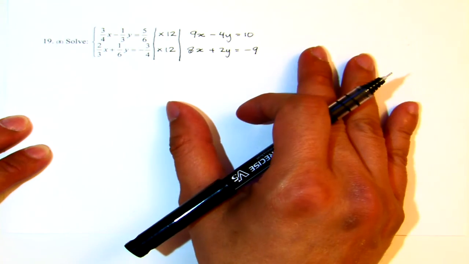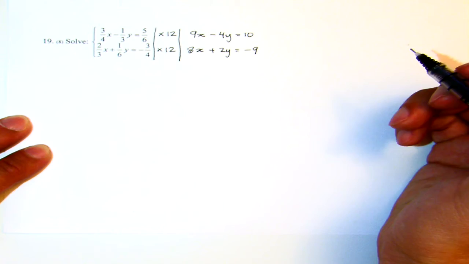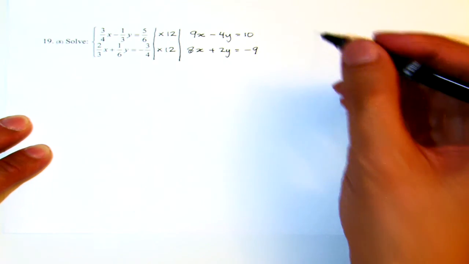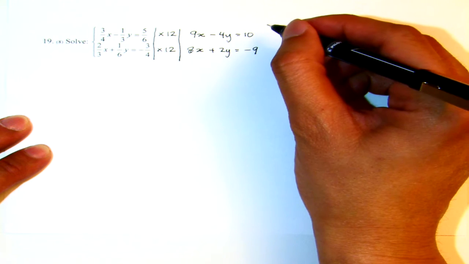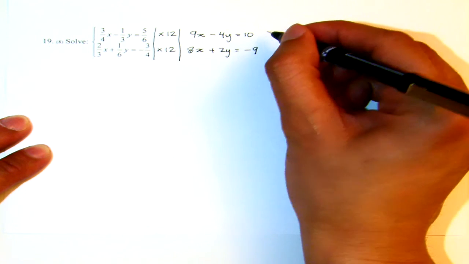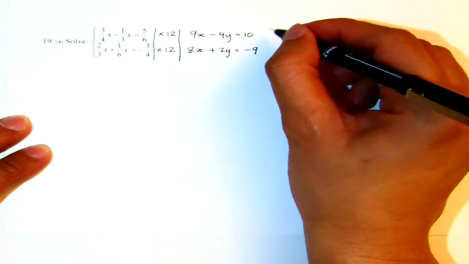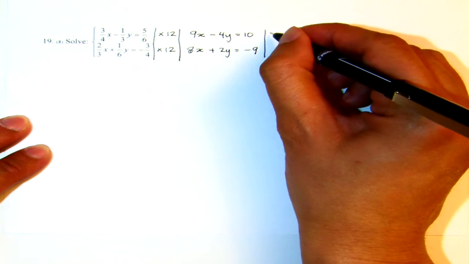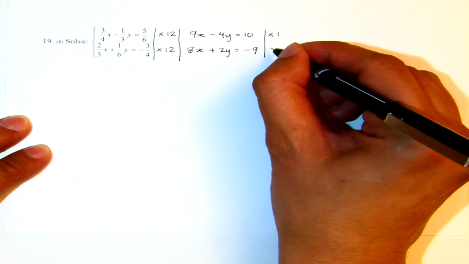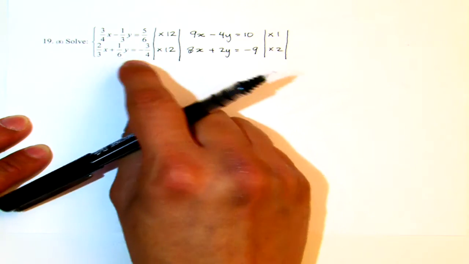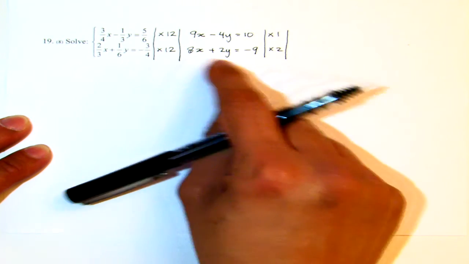Now we will continue working on this to solve this, because both of them are in general form. Let's continue with addition method. The y seems to have a very nice structure already. Let's multiply this by 1 and this one here by 2. So the first adjustment I did is to get rid of the fractions.